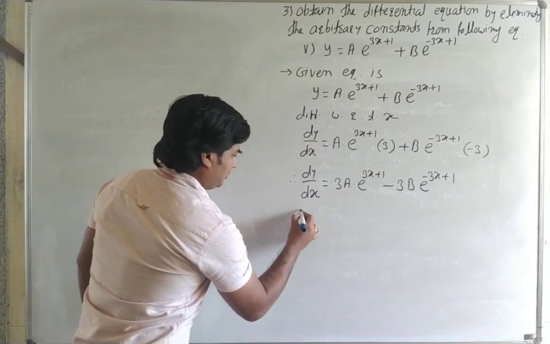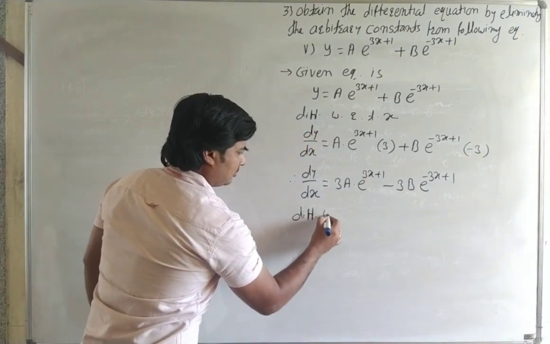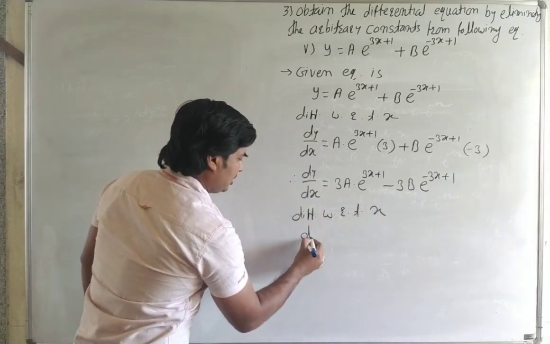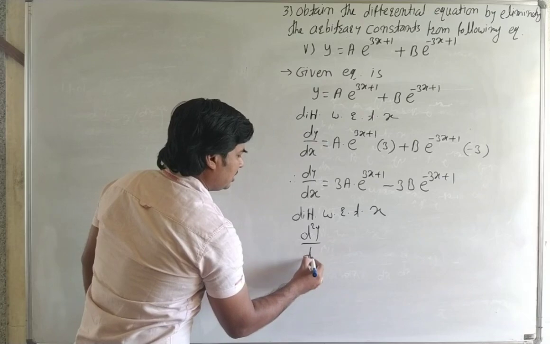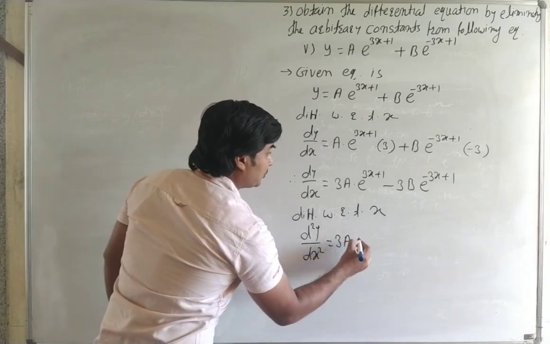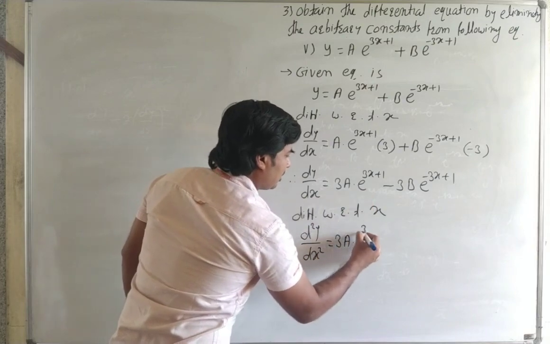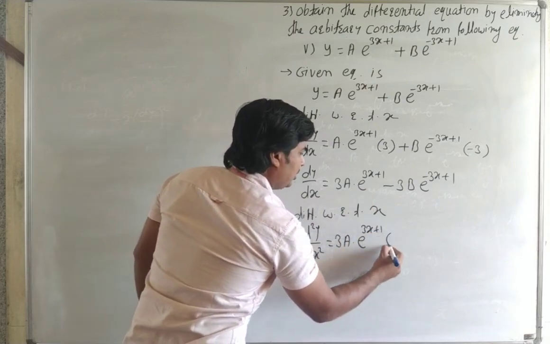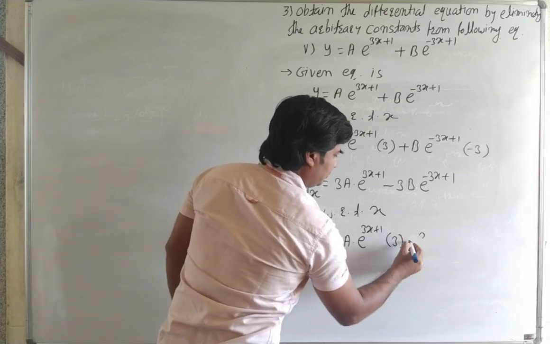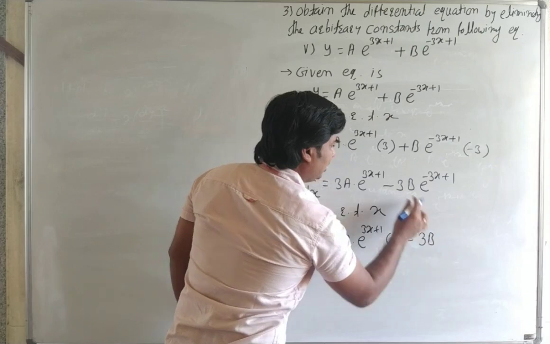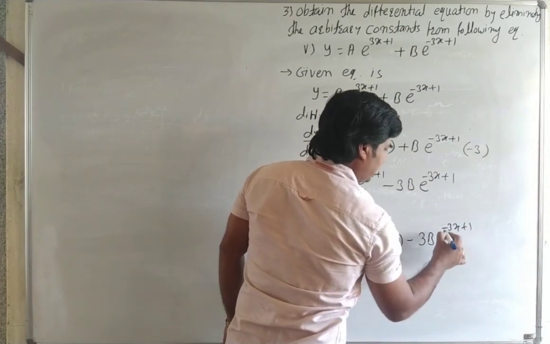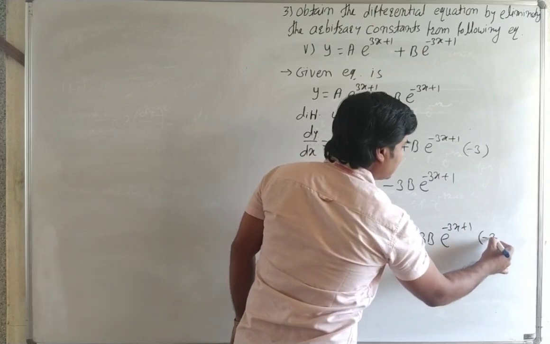Again differentiate with respect to x. The derivative of dy by dx, d2y by dx2, is equal to 3a, a constant as it is, times the derivative of e to the power 3x plus 1 into 3, plus, sorry, minus 3b as it is, times the derivative of e to the power minus 3x plus 1, which is e to the power minus 3x plus 1 into minus 3.